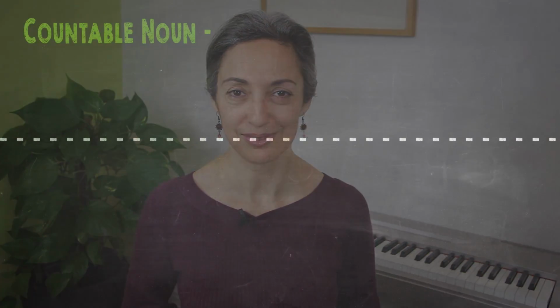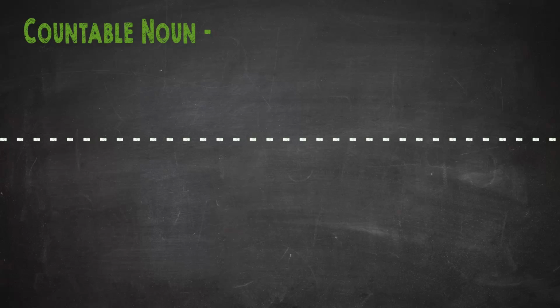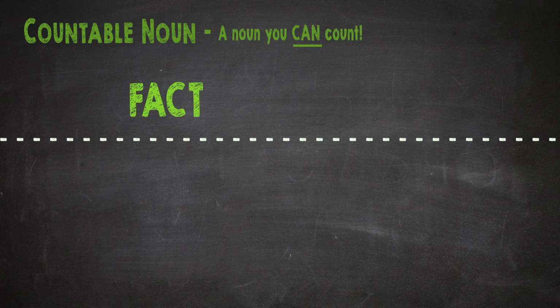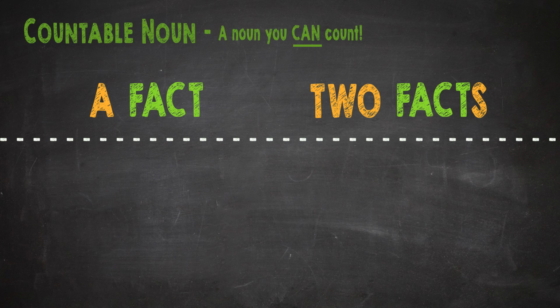Okay, let's start by reminding ourselves what the difference is between a countable noun and an uncountable noun. A countable noun is, believe it or not, a noun you can count. For example, take the word fact. You can say a fact and two facts.